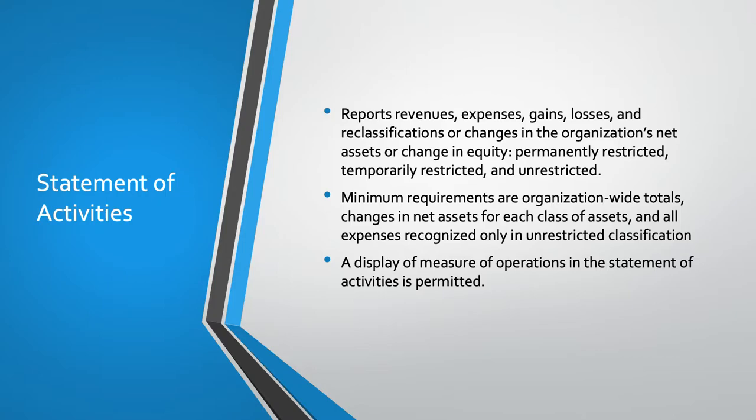Then the minimum requirements are organization-wide totals, changes in net assets for each class of assets, and all expenses recognized only in the unrestricted classification. A display of a measure of operations in the statement of activities is permitted. Okay.